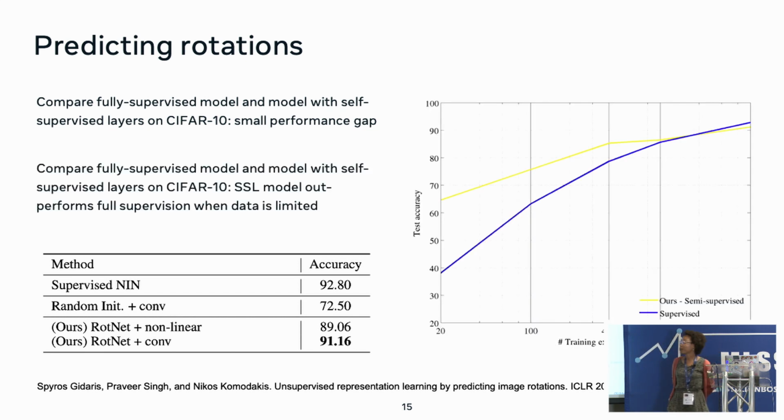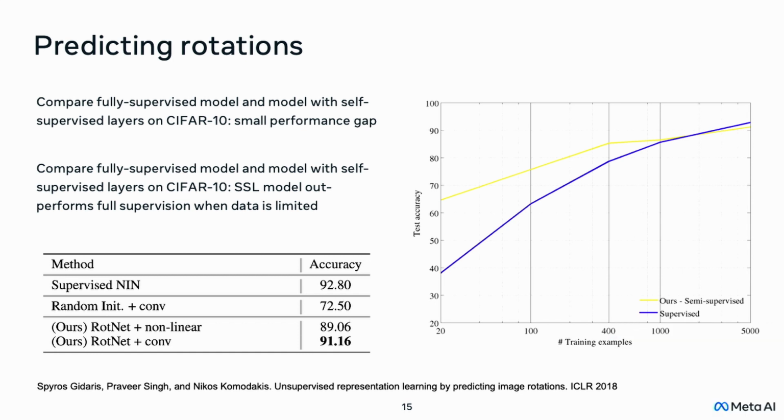But I think perhaps more interestingly, you can see the effect when you reduce the amount of training data that you have, okay? So if you look at this graph, I'm going to walk you through it. You're seeing here two graphs, right? The first one in blue is the graph that shows test accuracy, so how well the model is performing on classification on this CIFAR-10 data set.